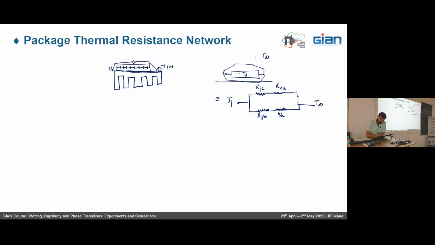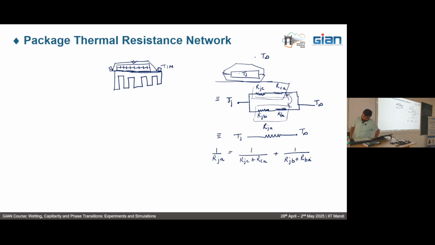So if you have to write the equivalent circuit for this, let's say this is Tj and then RJA, and then we have T infinity. So the equivalent thermal resistance would be, what would it be? It would be equal to 1 over, because these two are in series, and then these two are in parallel connection, so we have 1 over (RJC plus RCA) plus 1 over (RJB plus RBA).